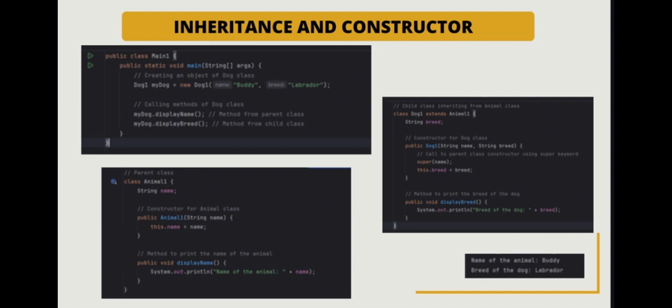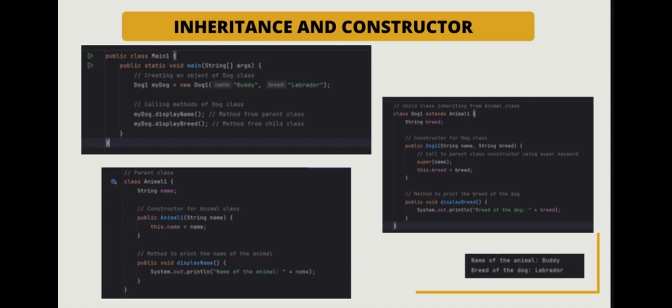And we can use super in our child class inheriting from Animal. We use a constructor for the Dog class too, and we use super to call the parent class, and we provided a method to print the breed of the dog.